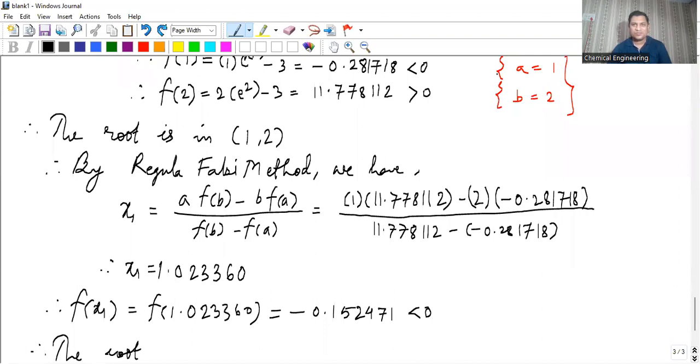Sir, I am getting the same value as root. Okay, good.